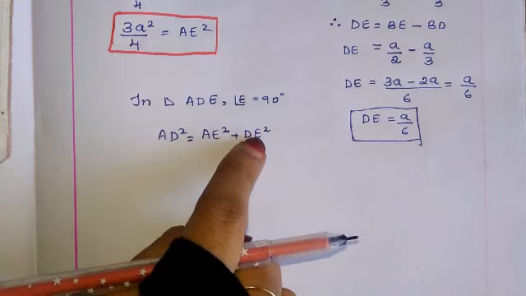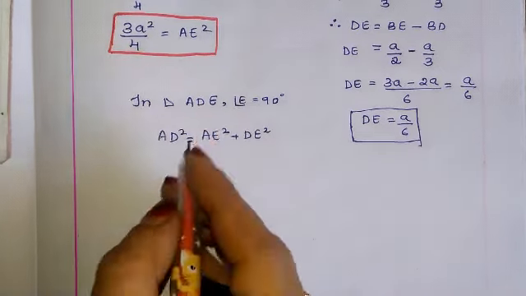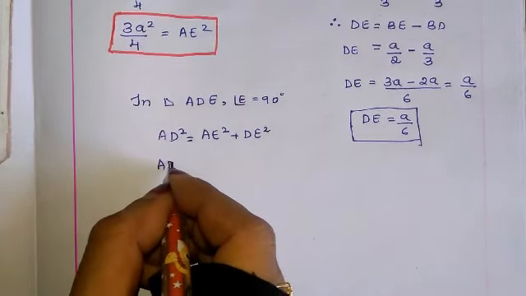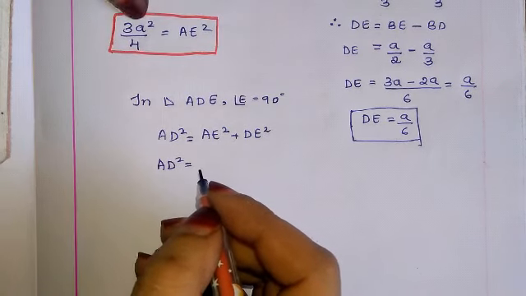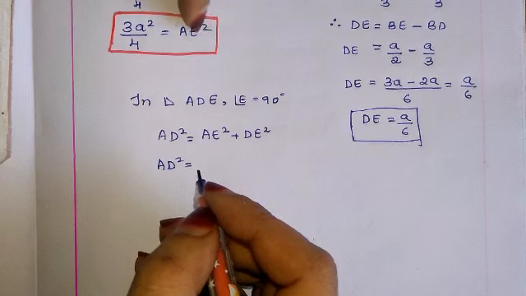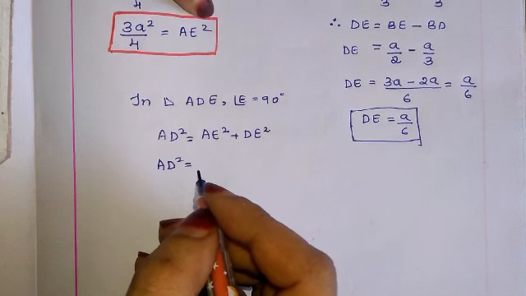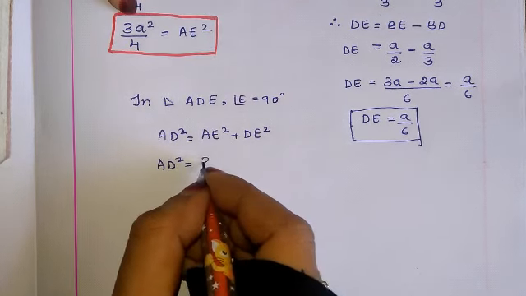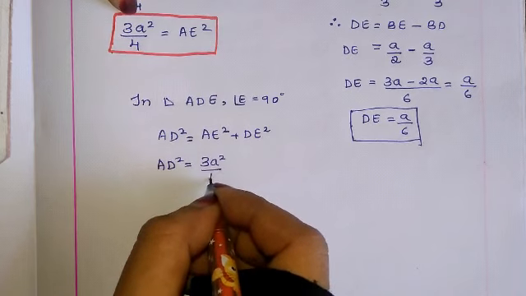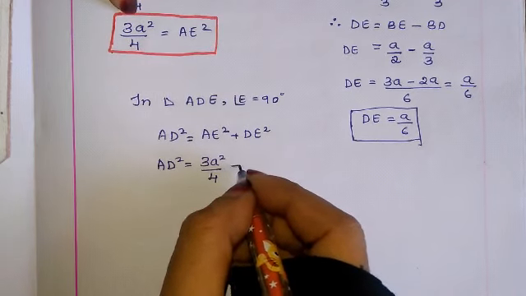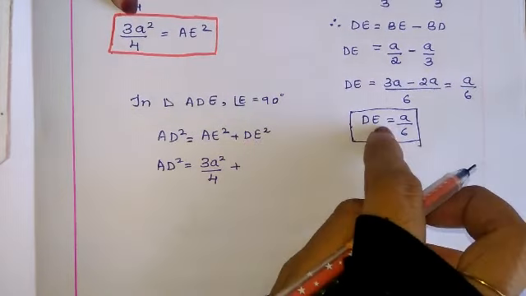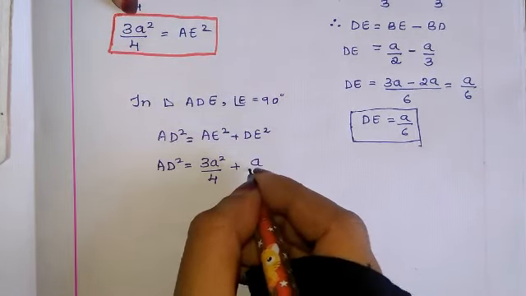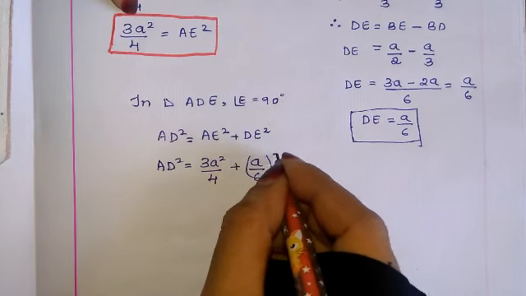Now let us start substituting the values. We don't know AD, so let us write AD as it is. We have the AE square value directly, which is 3a square by 4. For DE, we have DE square, which is a by 6 square.